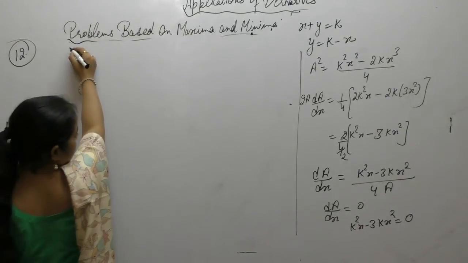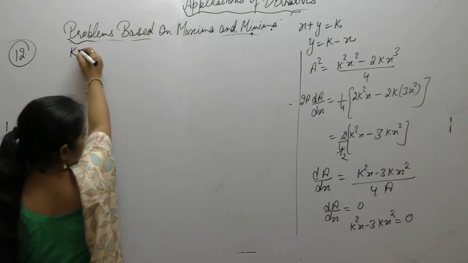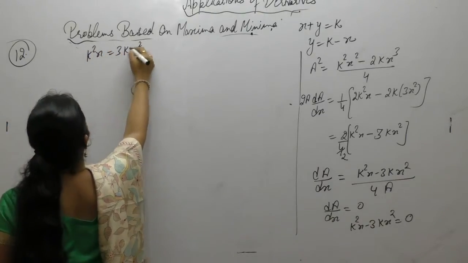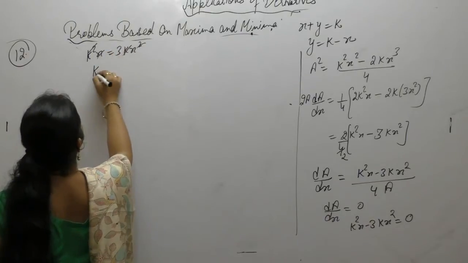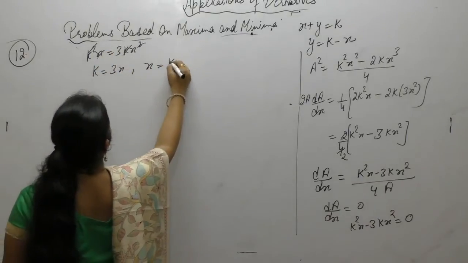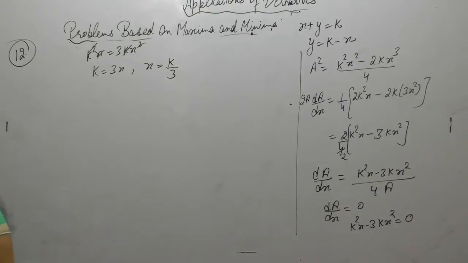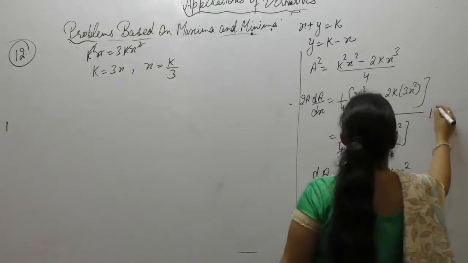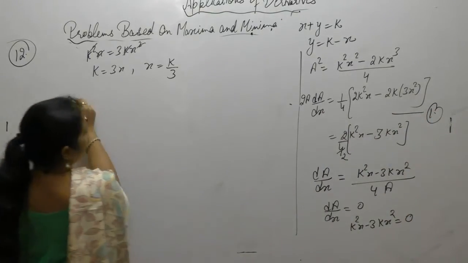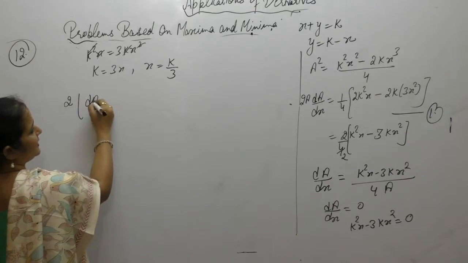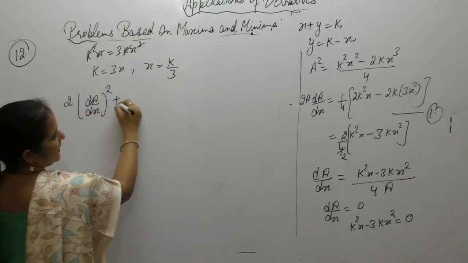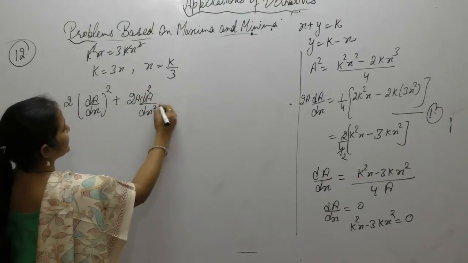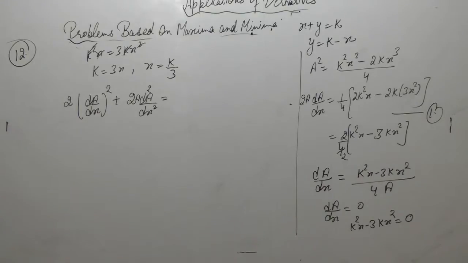So what we get? Take x common. We get x as k by 3. Now differentiate equation 1 with respect to x. 2 derivative of A is dA upon dx plus A as it is, derivative of this is d square A upon dx square.